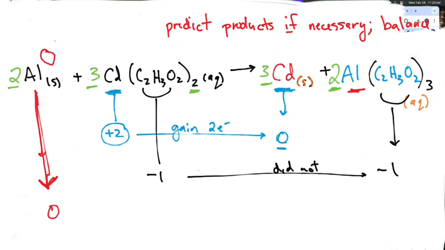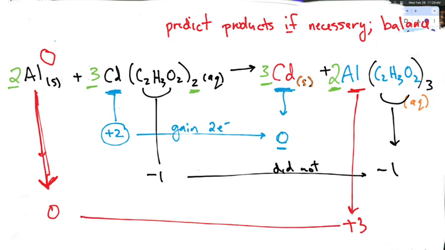The acetate was a -1. There's 3 acetates, which means the aluminum has to be a +3. Which means, what's the aluminum doing? Whoa, just stop multiplying. Nope, don't do that. It's the loss of 3 electrons. Okay?